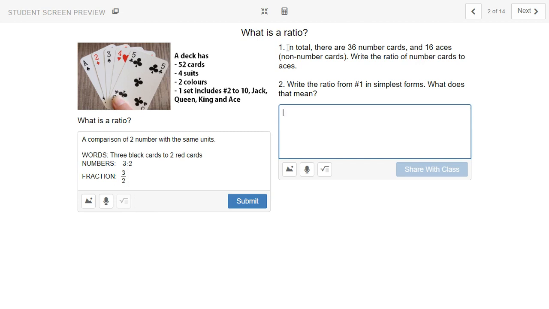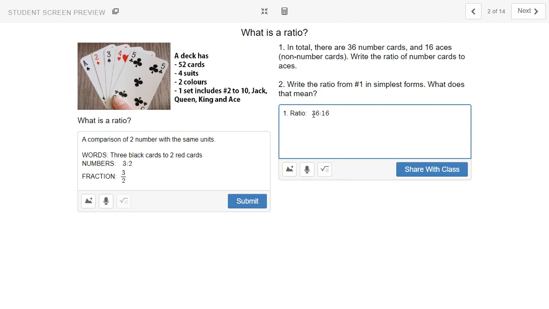Okay, an example here. In total, there are 36 number cards and 16 aces, so non number cards. Write the ratio of number cards to aces. So our ratio would be 36 to 16.